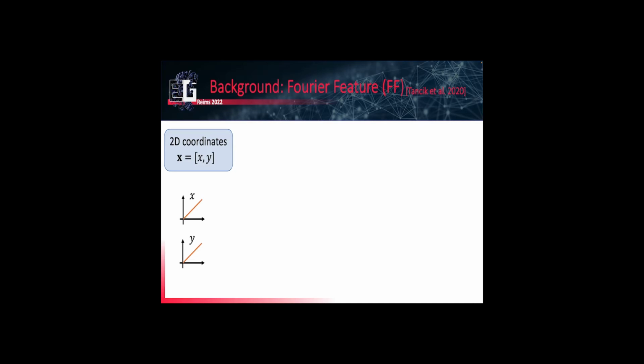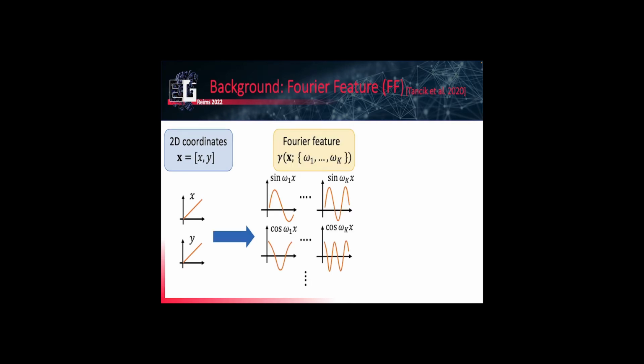Previous implicit networks relied on a technique called the Fourier feature to overcome this problem. In the case of a 2D image, input coordinates, that means x and y, are first mapped to the Fourier feature using trigonometric functions with various frequencies written as omega.